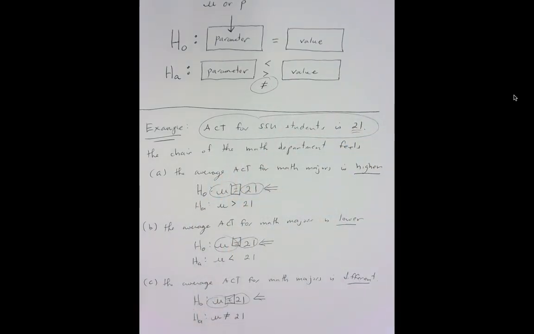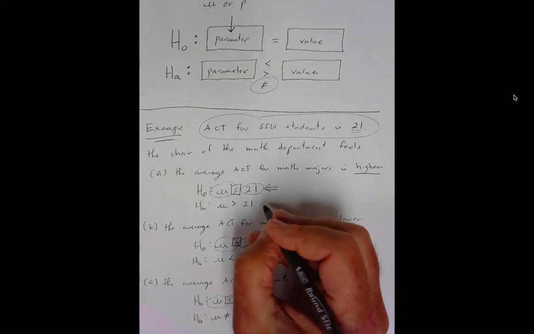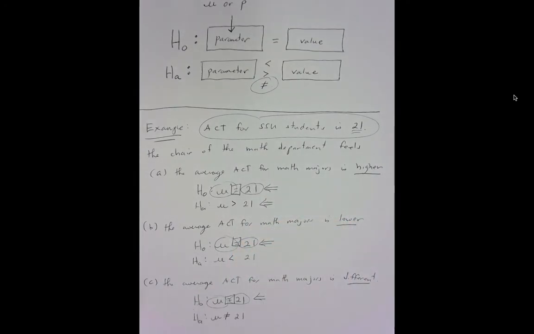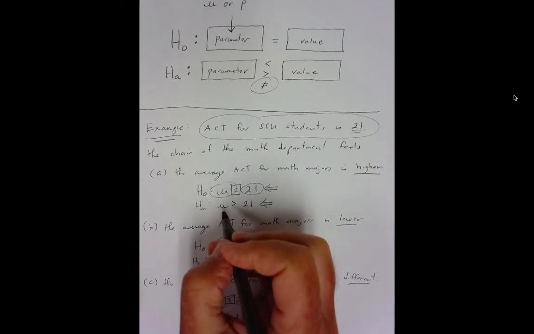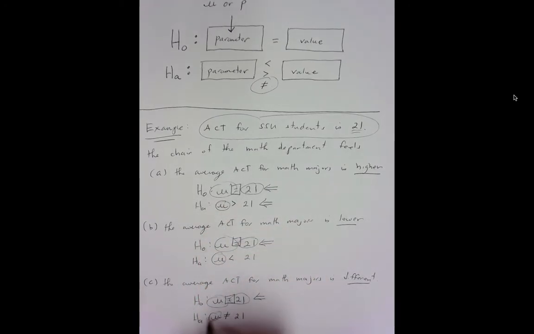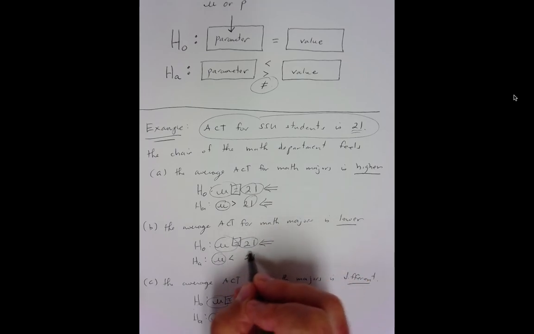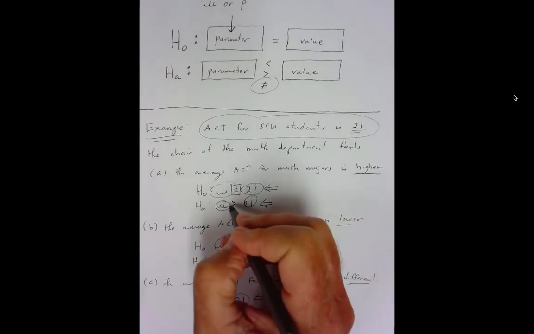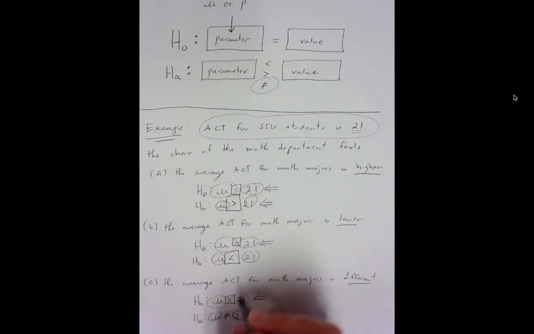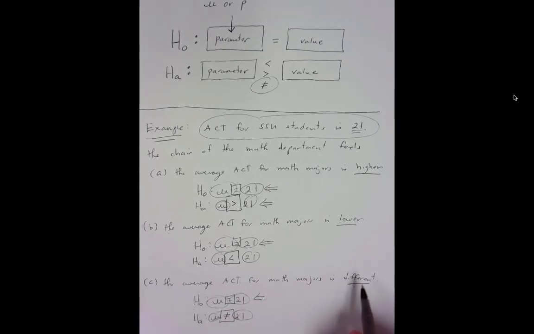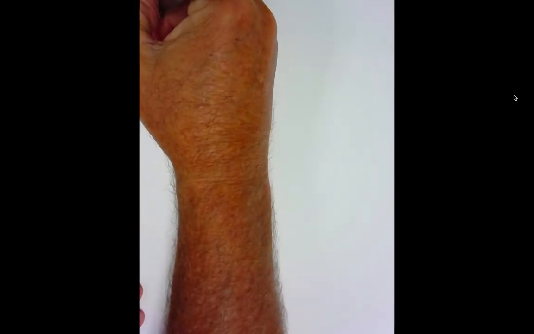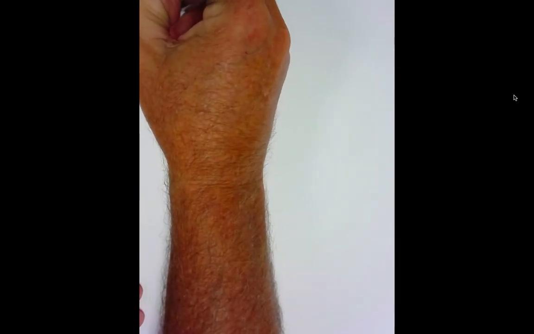In this case, it's the ACT for all Shawnee State University students. What can you conclude about the alternative hypothesis? Same parameter, same value. There's just a difference in the inequality that you use based on the way that the problem is posed.